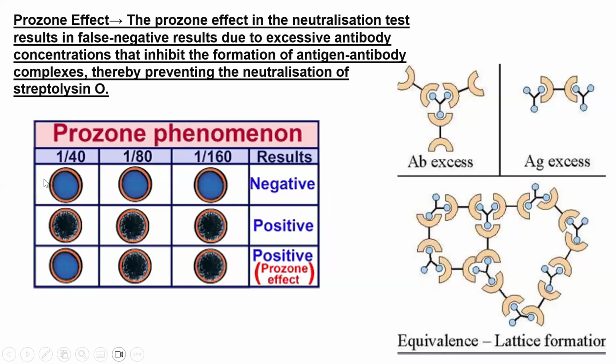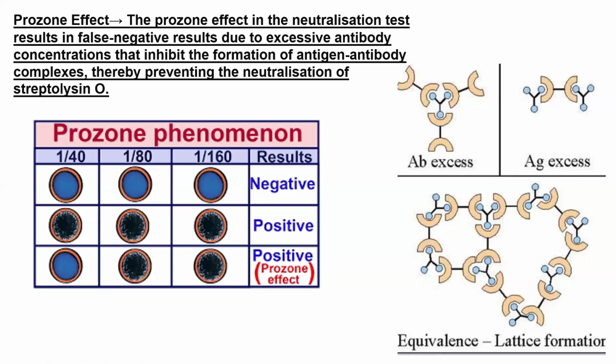Okay, so here is negative. It's a known negative, so there is no binding. This is a known positive, so we have binding in all of the titers or in all of the concentrations. But in the prozone effect, you have a negative result here, but a positive result here, positive result here. So what do you do in this case?